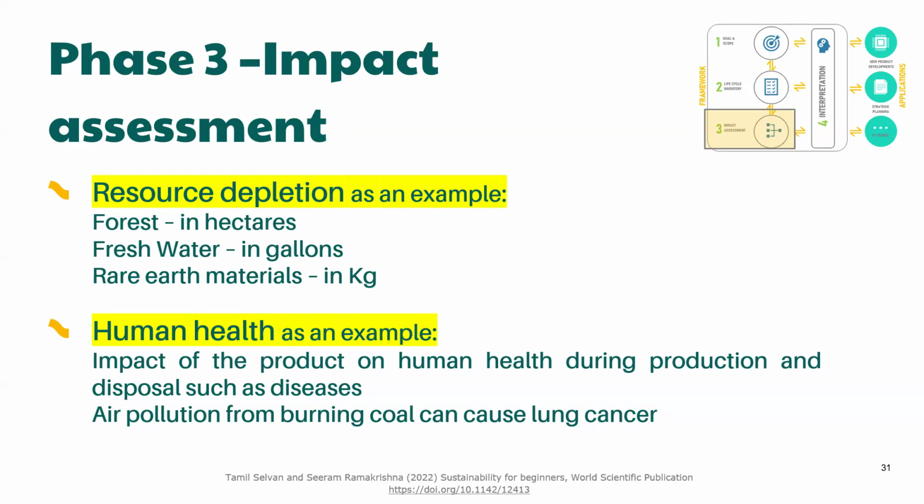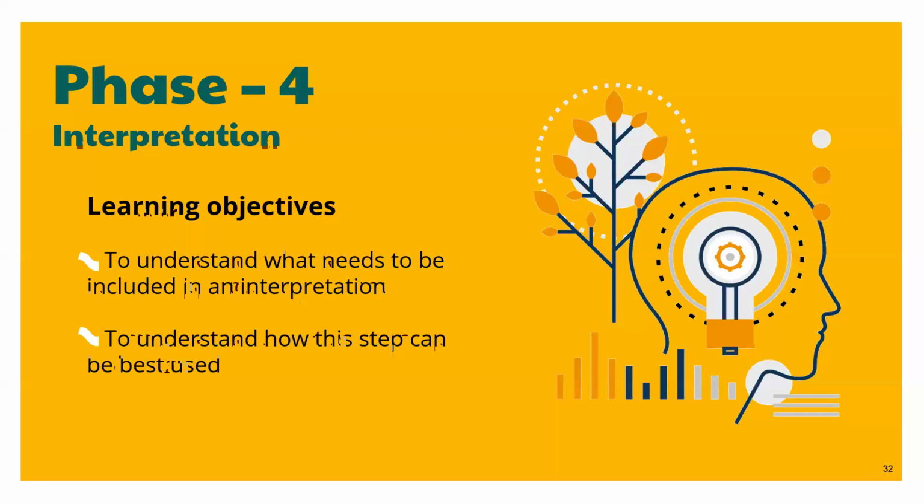Since we have a clear understanding of our impact methods, now in the final phase, let us understand the interpretation. After completing the goal, scope, inventory analysis and impact assessment, it is now important for you to derive valuable insights from your study. This phase focuses on understanding the fundamentals of interpretation and how to create a meaningful report based upon your findings.